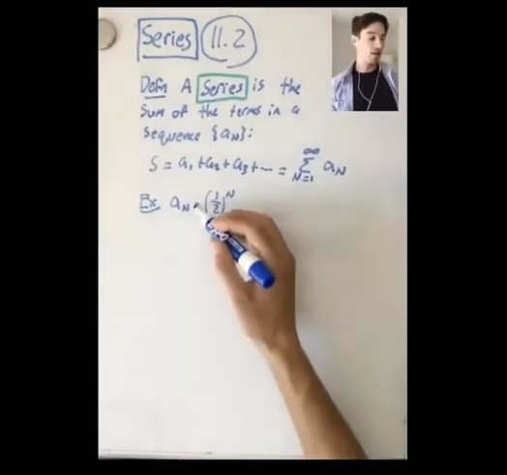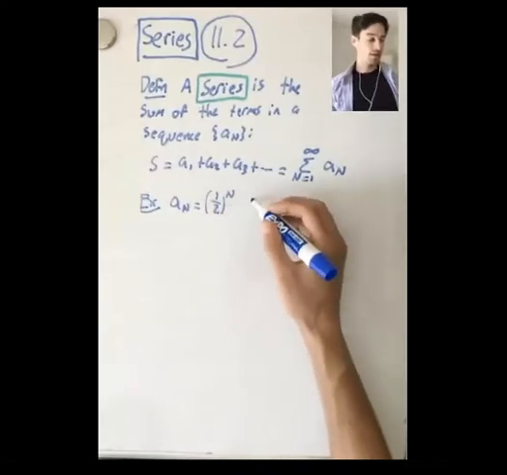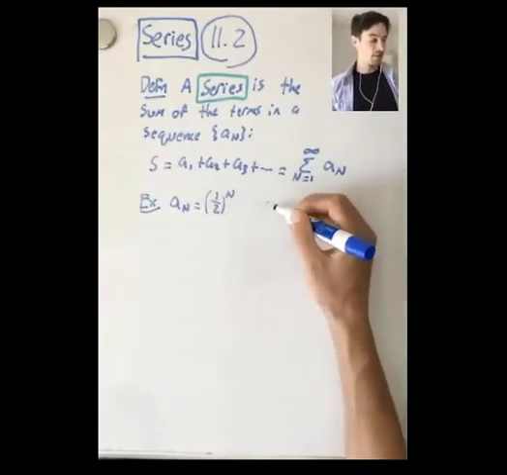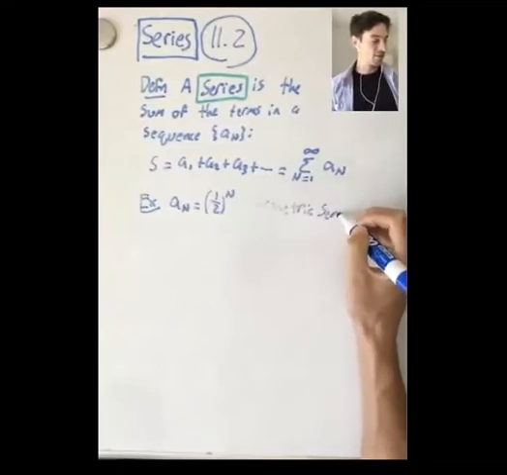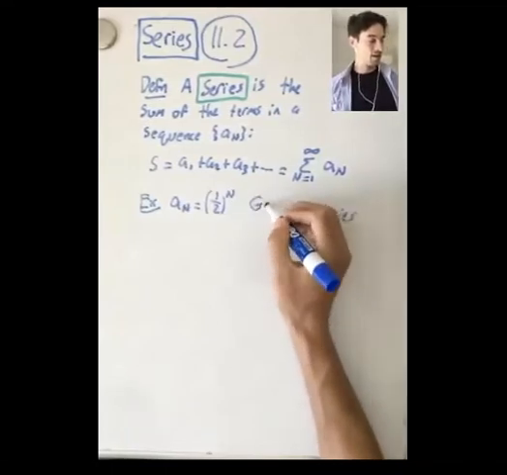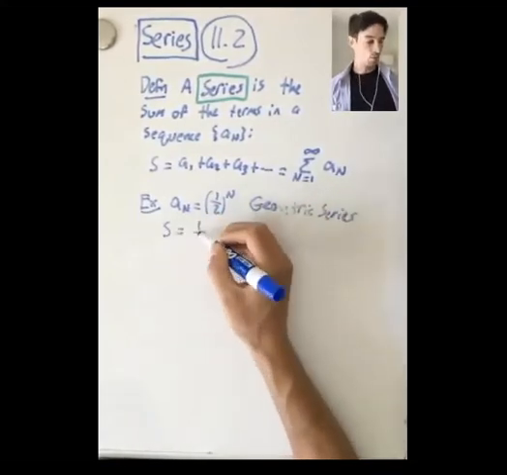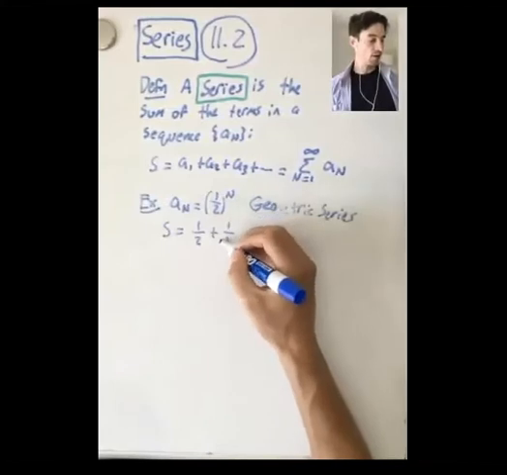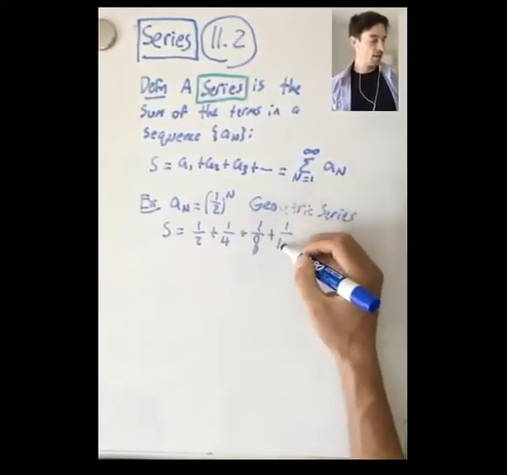So for example, when a_n is given by (1/2)^n, this geometric series, which is something we talked about in the last series of videos, well, what do we get? So S equals 1/2 plus 1/4 plus 1/8 plus 1/16.